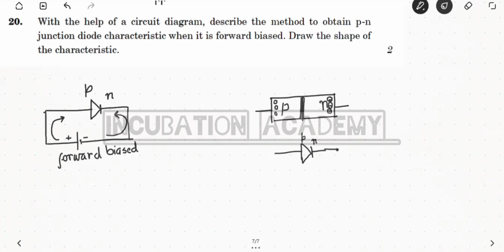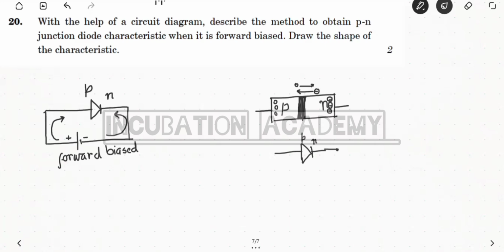Electrons come from the n side to the p side, and holes go from the p side to the n side. So electron-hole pair recombination takes place and the depletion region is created. The region I have just drawn in black is depleted of the carriers, because electron-hole recombination takes place.